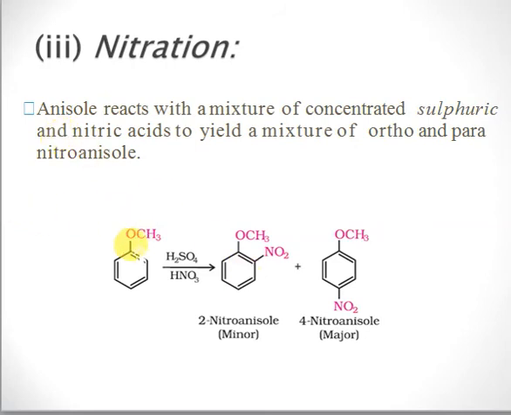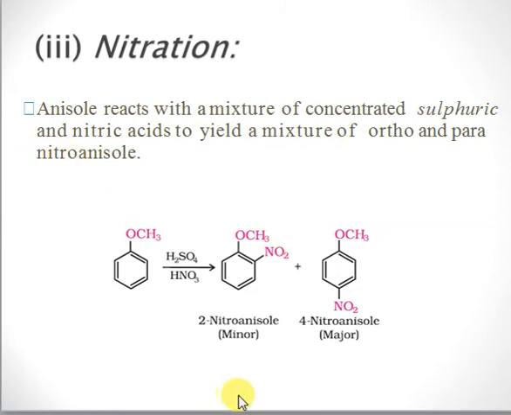Again, under these conditions, when we make use of a mixture of nitric acid and sulfuric acid as catalyst, we can bring about the nitro group at the ortho position and at the para position. The para isomer always dominates over the ortho isomer, right?